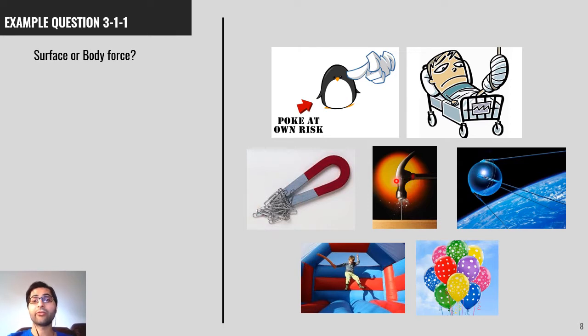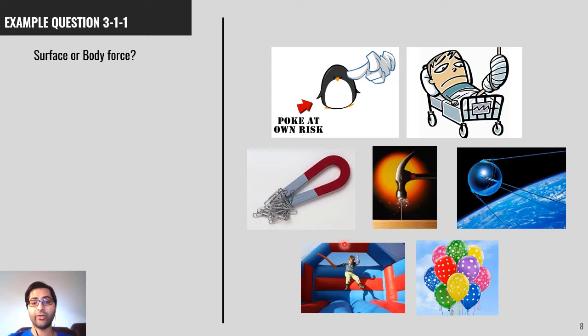Here we have surface forces. A hammer that's pushing a nail into a surface. Here we have body forces. The satellite is under the influence of gravity. Here we have a boy jumping on an inflatable toy.